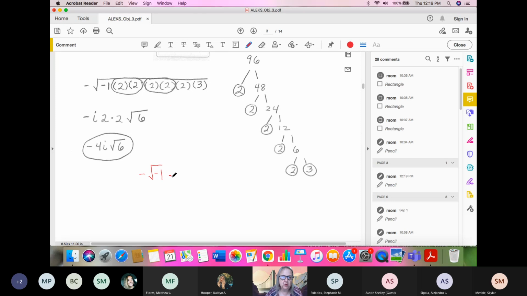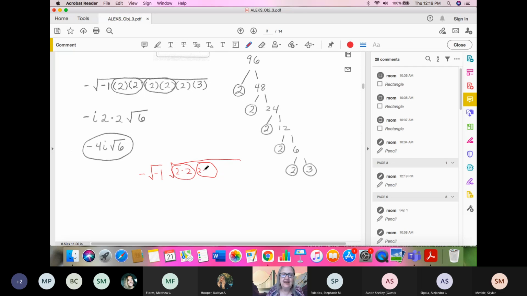And then we've got square root of the rest. We could break that all down too, but it would take a lot of time to write it out. We've got our pairs of 2s, another pair of 2s, another pair of 2s.